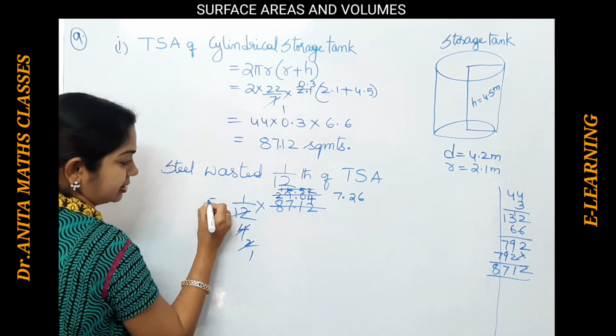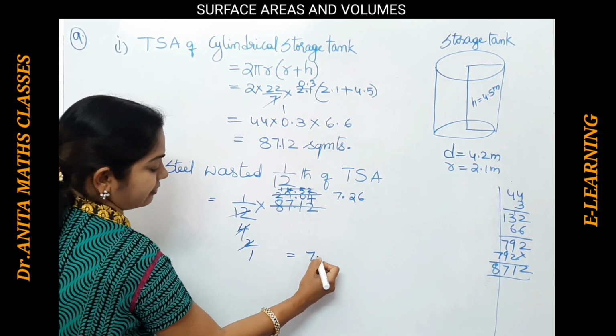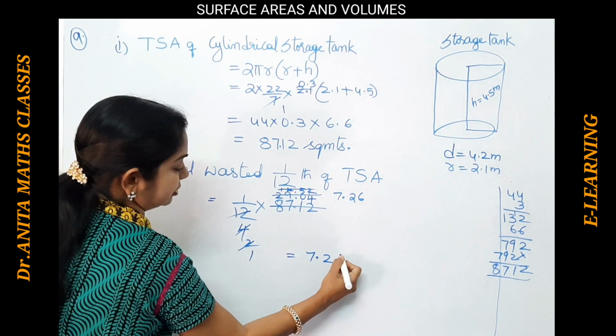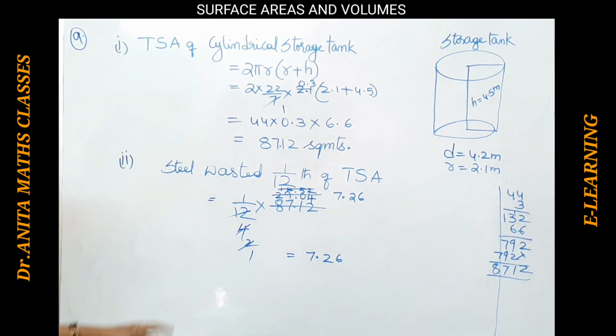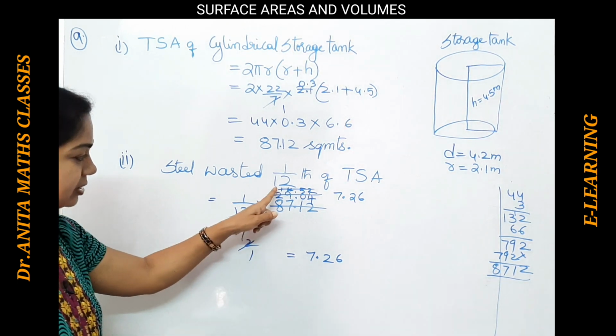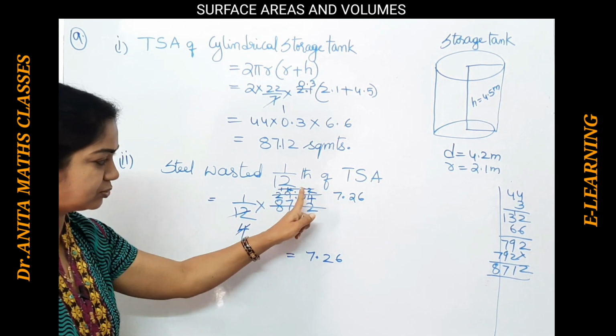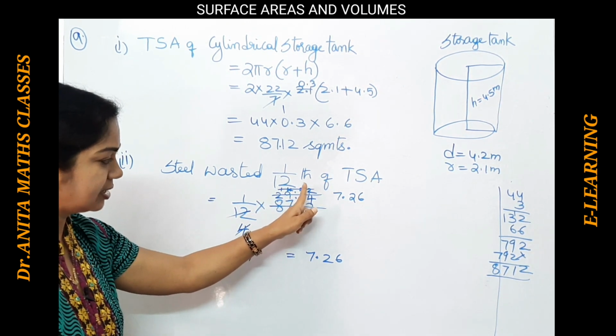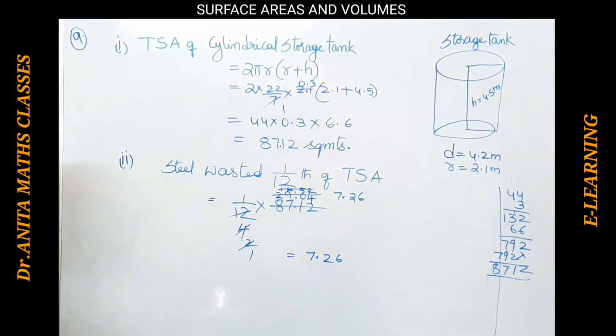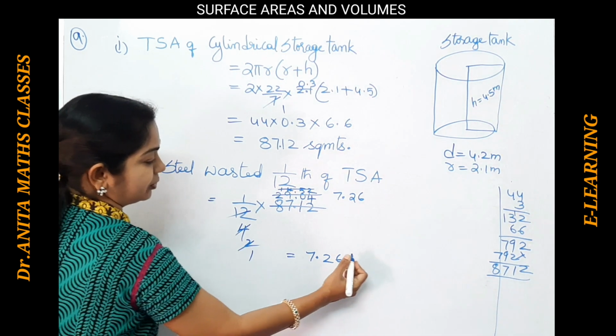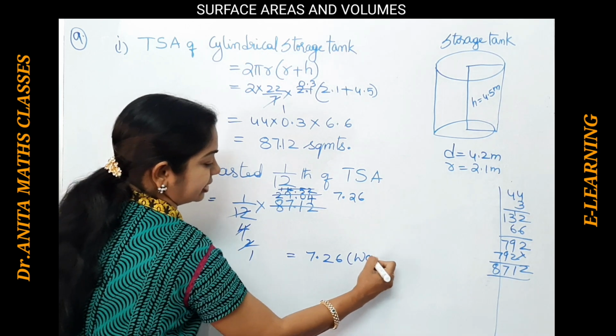So that is, here we get it as 7.26. Cancel it with 2 ones, so 2 sevens are 14, 2 twos are 4. Yes, 1 will come here. 7.26 is the 1/12 part. This is the wasted steel.